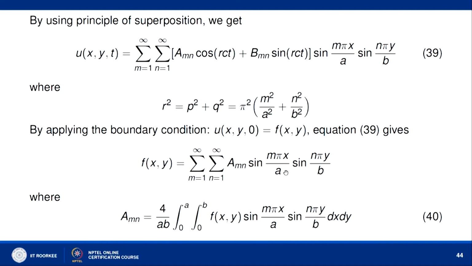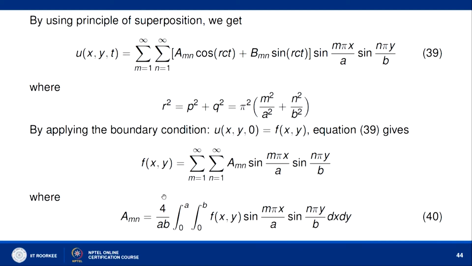So here you multiply both sides by sin(k pi x/a) sin(l pi y/b) and integrate from 0 to a and 0 to b, and using orthogonality you can obtain a_mn equal to 2/a times 2/b, integral 0 to a, 0 to b of f(x,y) sin(m pi x/a) sin(n pi y/b) dx dy.